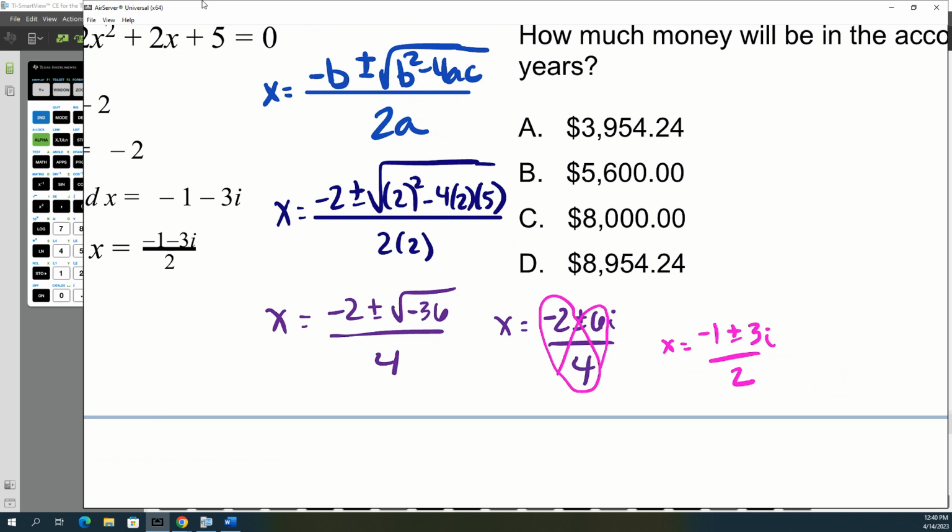Now that's a lot to remember. So I'm going to show you that you can actually put i in the calculator and just check the answer choices.